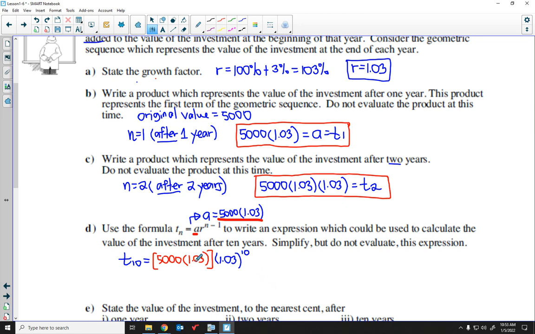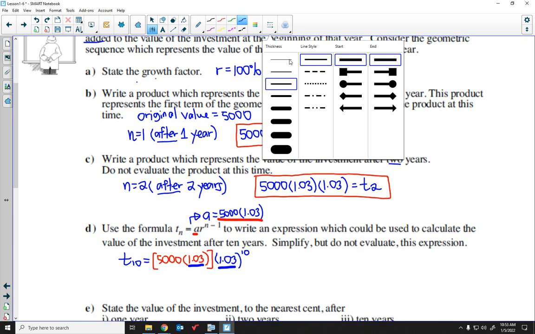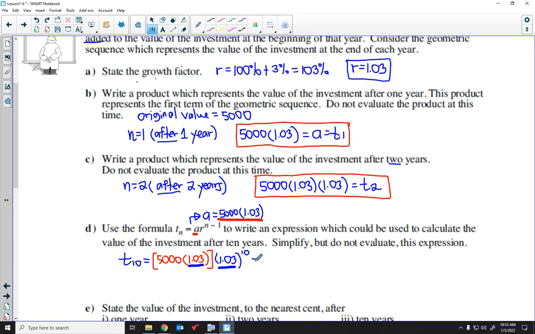Now, I can actually simplify this a little bit further, because if you look at the equation here, I have two bases. I have 1.03 and 1.03. I can actually combine the two exponents on these. So if I expand it, it would be like 5,000 times 1.03 times 1.03 to the power of 10.